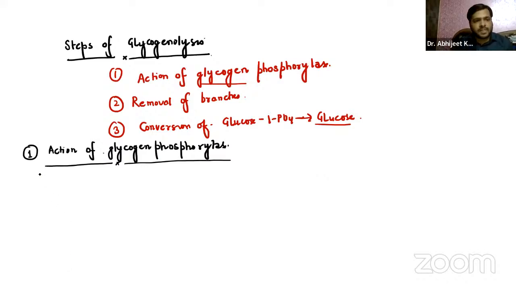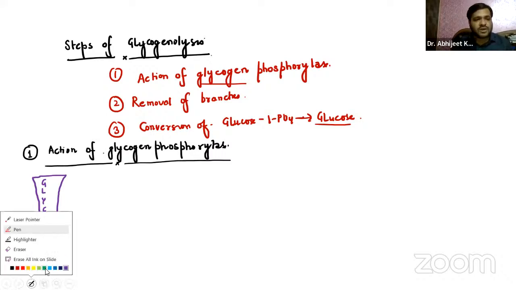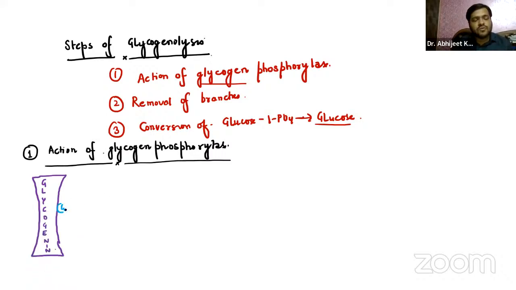Let us suppose that this is the glycogenin, that is the primer, a polypeptide made up of tyrosine residues. To this glycogenin, you already know we have these glucose molecules, 6 molecules which were added to this.